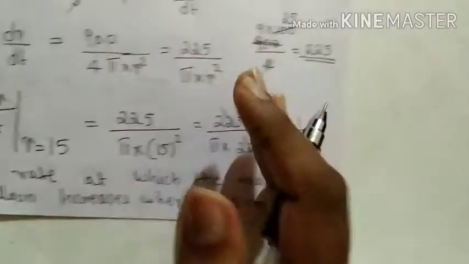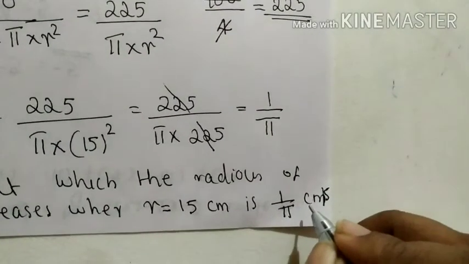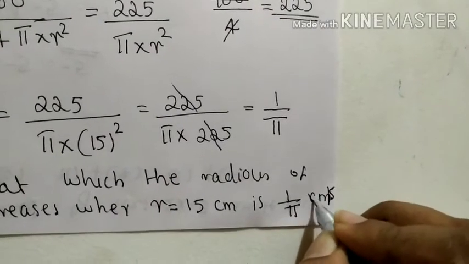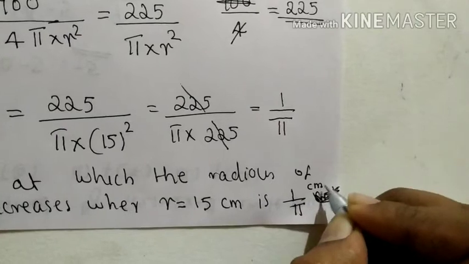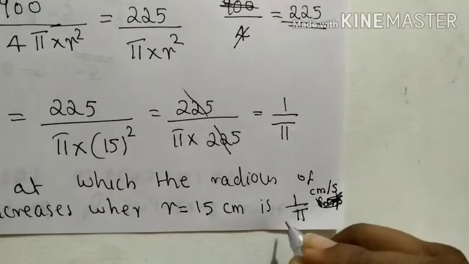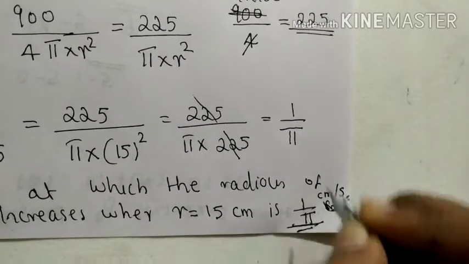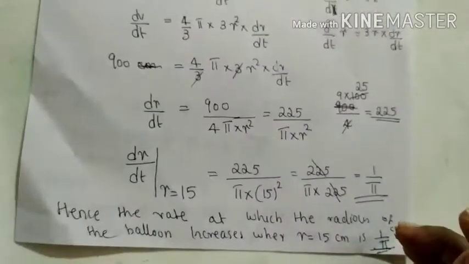So don't forget to write the unit here. 1 by pi centimeter per second is the final answer.